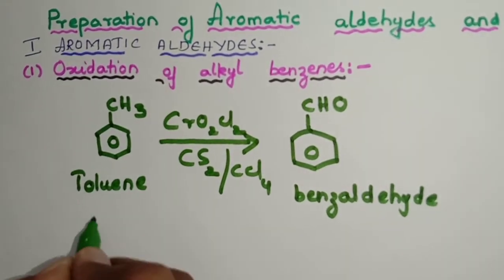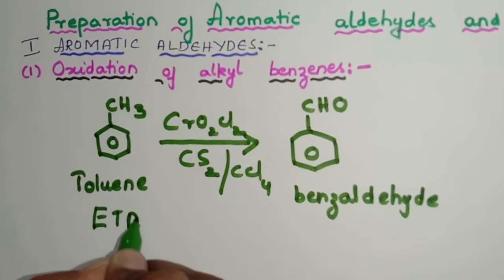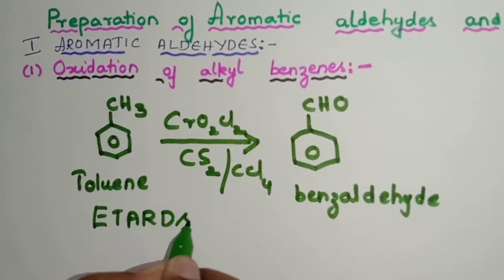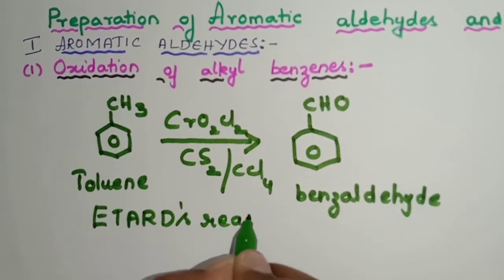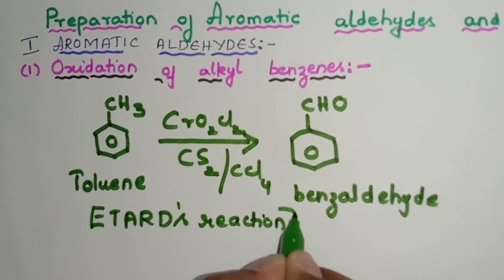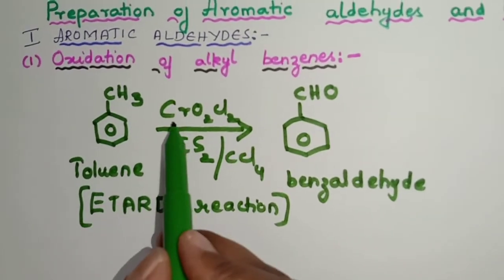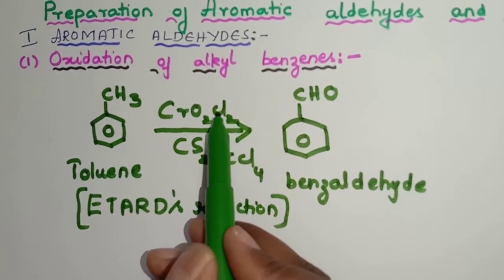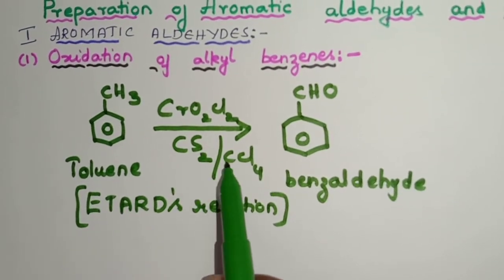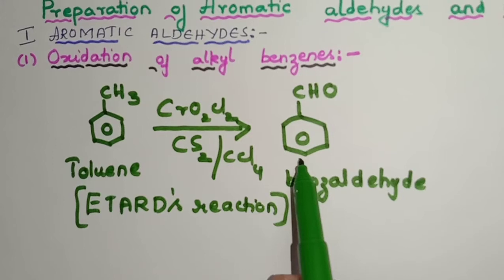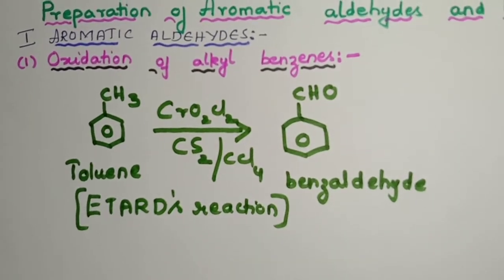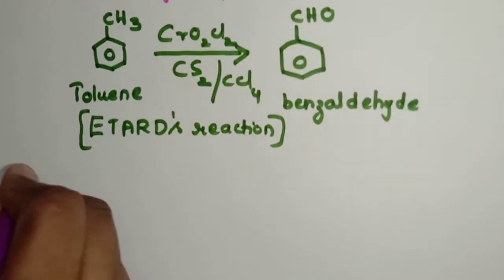This reaction has a name called Etard's reaction. Etard's reaction is nothing but oxidation of alkyl benzenes with CrO2Cl2 chromyl chloride in the presence of CS2 or CCl4 forming benzaldehyde.